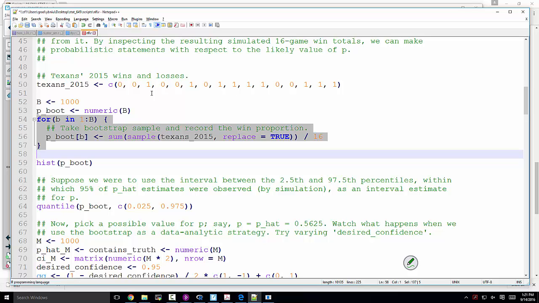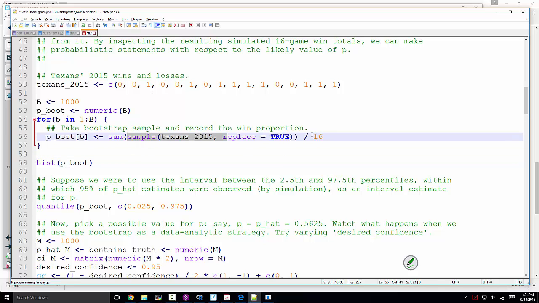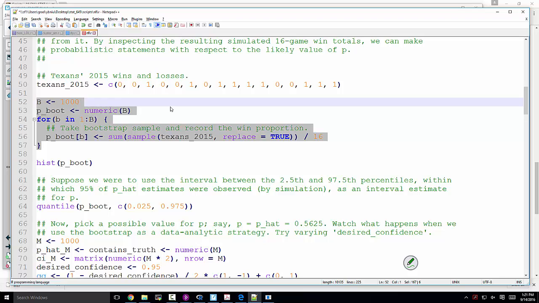Check out our cookbook for loops. To take a bootstrap sample from these data, I sample with replacement from all those zeros and ones, add up the number of ones, and divide by 16, which gives us a proportion estimate, a p-hat.